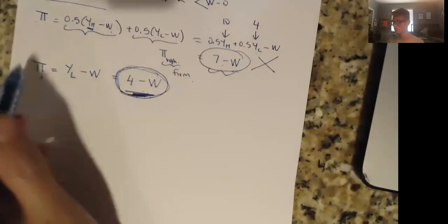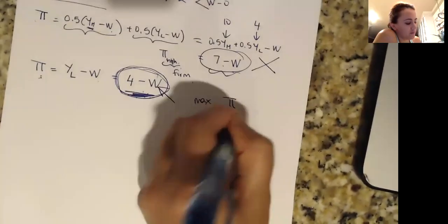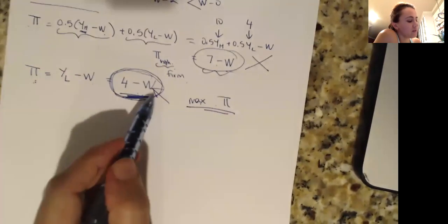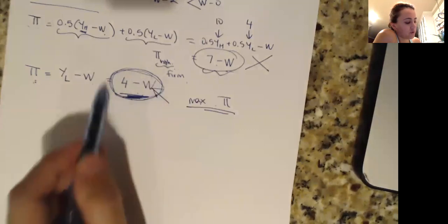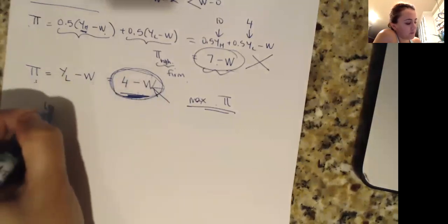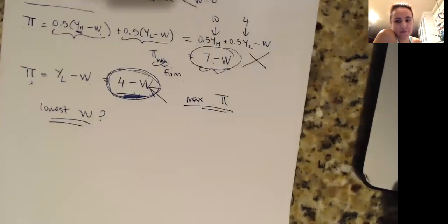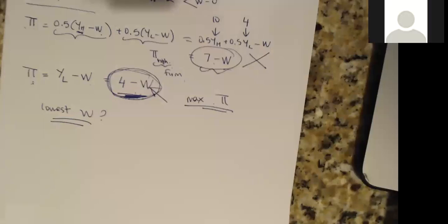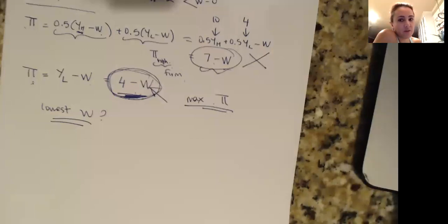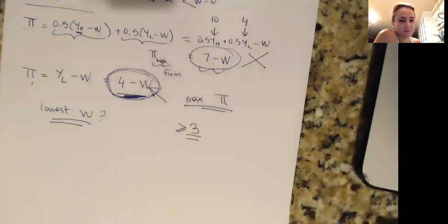Now I'm trying to choose W to maximize my profit. What is the lowest level of W I can offer? Because remember, if W is small, my profit is big. What is the lowest W? 3. 3, because remember the workers have an outside option. They can easily work somewhere else and get 3. This is U0.